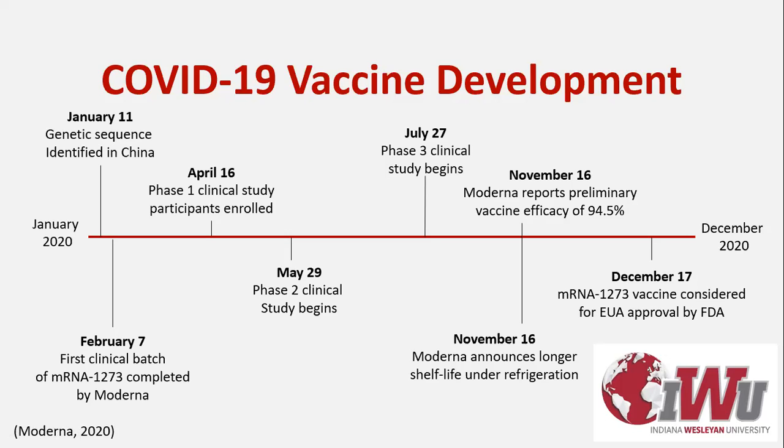That advisory committee did recommend that approval, and we're expecting that that could happen as soon as today or tomorrow, that the vaccine will be officially approved by the FDA for emergency use authorization, which is not the same thing as a final approval.